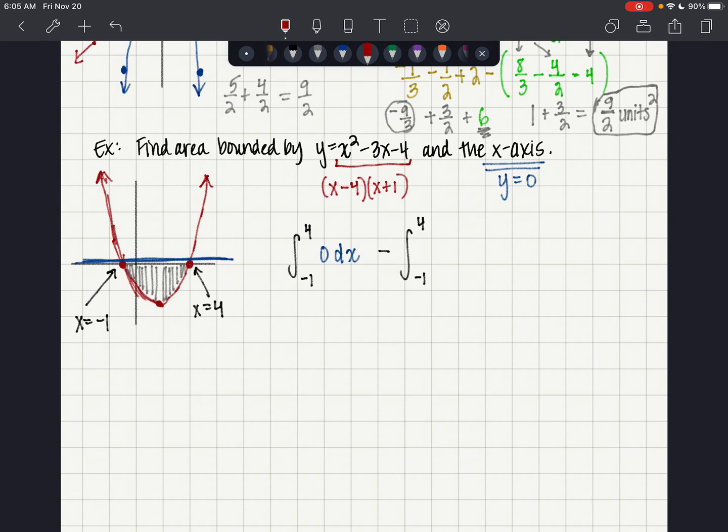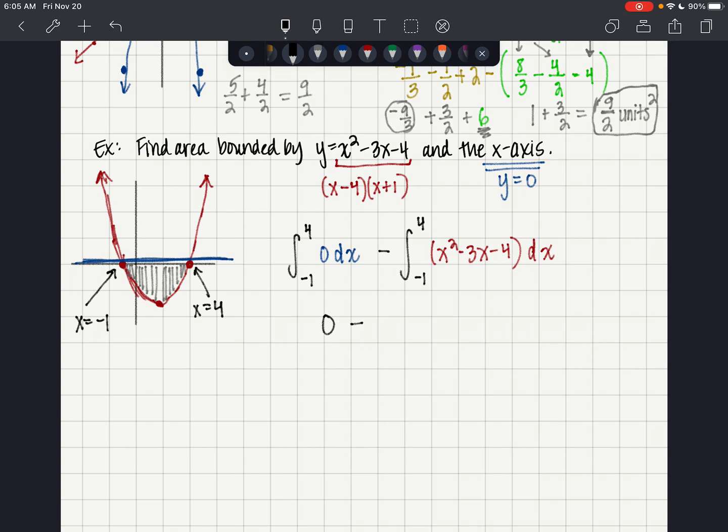It sits below. And that's x squared minus 3x minus 4 dx. And the integral of 0 dx is just 0. So we have 0 minus, you could say it's 0x if you wanted to, but 0x is still 0.